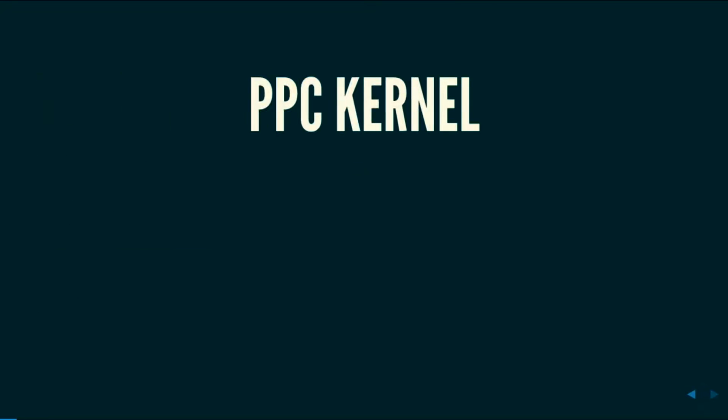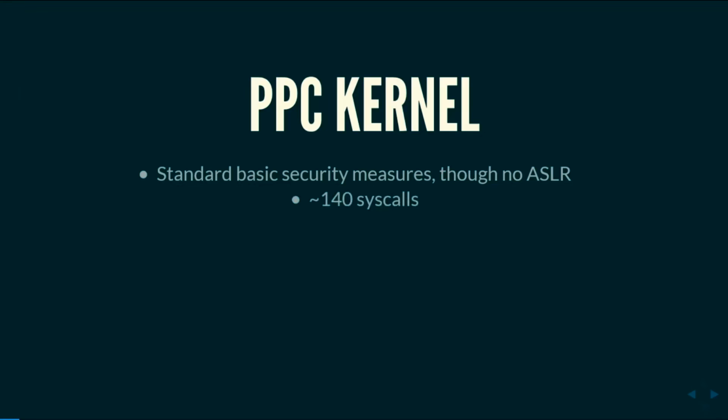So let's start with the PowerPC kernel real quick. It has all the standard basic security measures, though it doesn't have any ASLR, which makes our life easier. It has about 140 syscalls, and we can't really name them from the start, right? We kind of need to reverse it, but there's a nice thing.